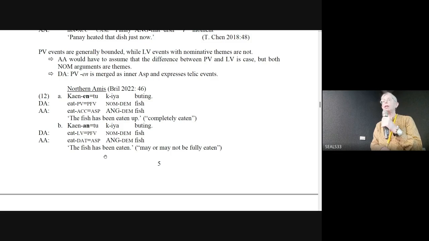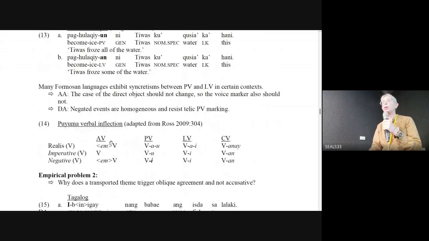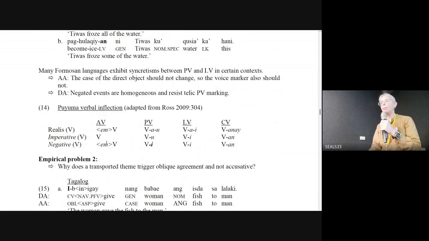So the PV in 12A here correlates with bounded events with affected objects, but the LV marking in B correlates with a partitive event and a less affected object. But note that both of these objects are themes and presumably are getting accusative case. So this is yet another problem for the case agreement analysis. The Atayal examples are the same here.